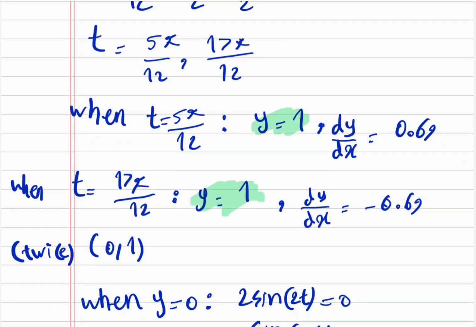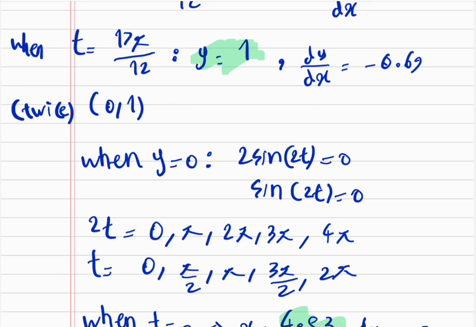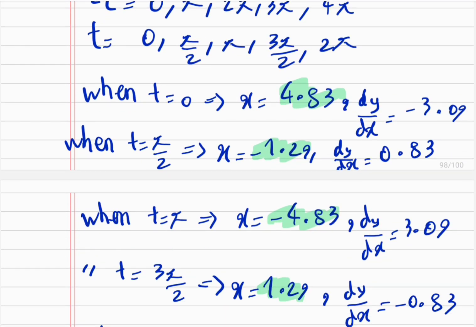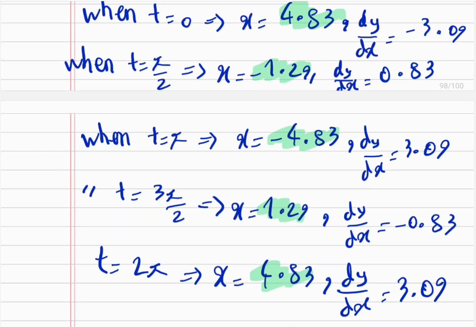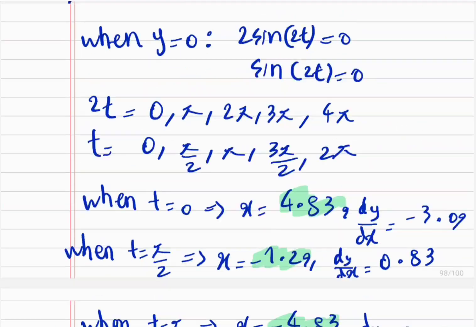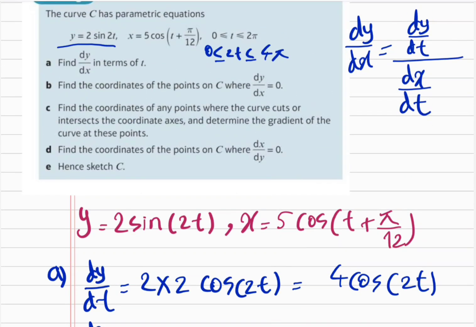We only have one y-intercept, and then these are the values of the x-intercepts. So we have four x-intercepts, and then finally in part D we found the value where dx by dy is equal to 0, because this is going to be useful as well.